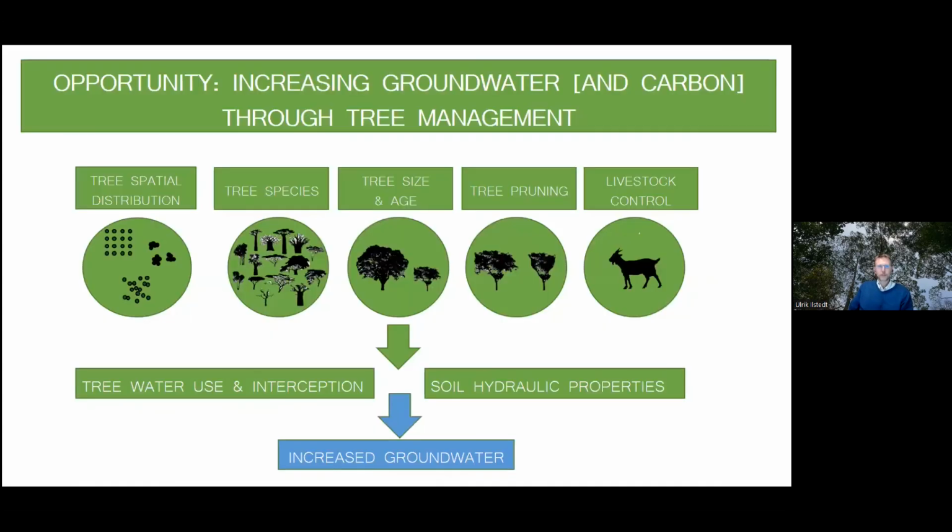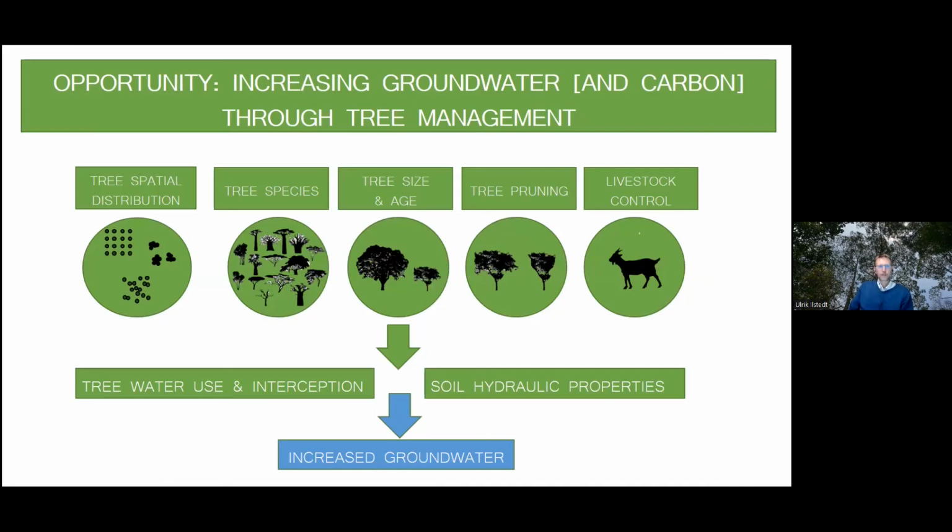So the final conclusion, last slide, then, is that I believe there is a lot of opportunities for improving groundwater recharge in water limited areas.